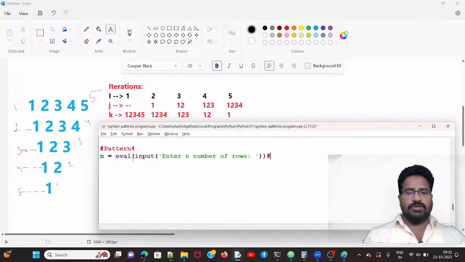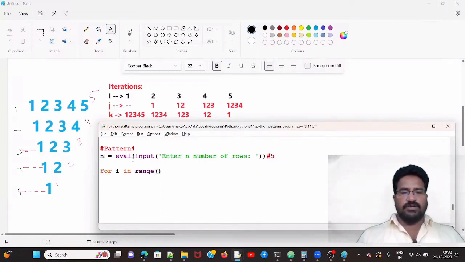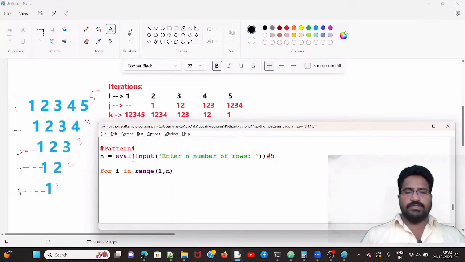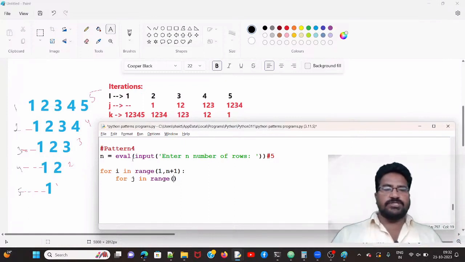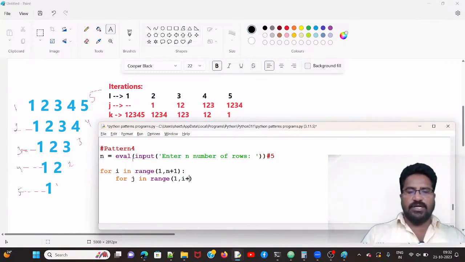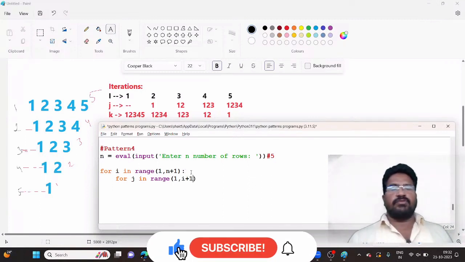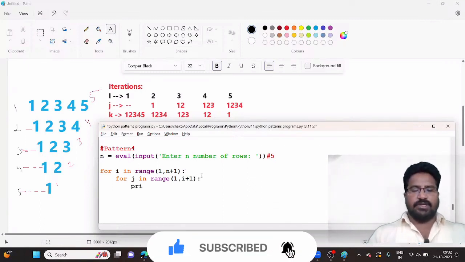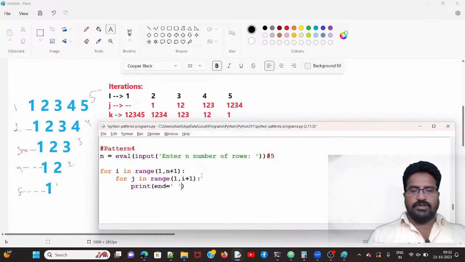Then n equal to, let's consider 5. For I in range of starting 1, n plus 1, means 1 to 5. For j in range of, initially j has no iterations, then 1 iteration, then 2, 3, 4 iterations, starting 1, let's take I plus 1. So what's the first time I value? Let me take directly n equal to what? Space, right? And print.